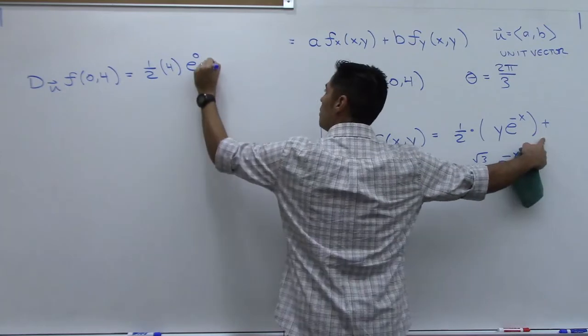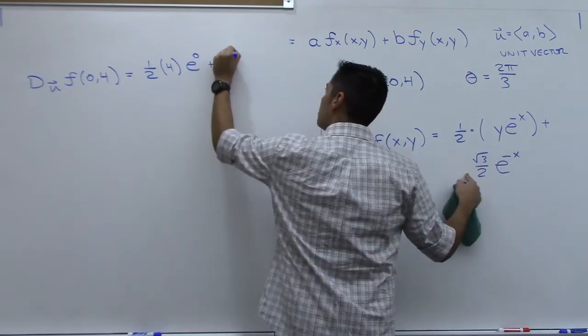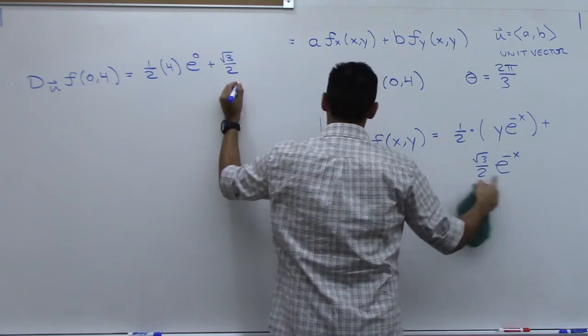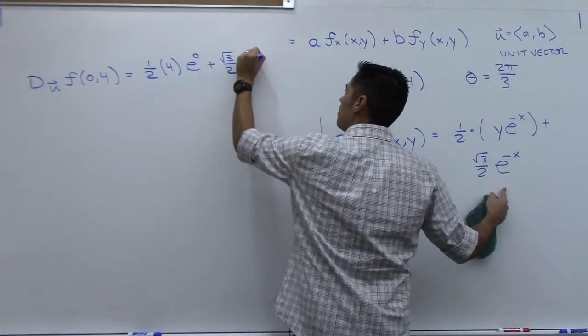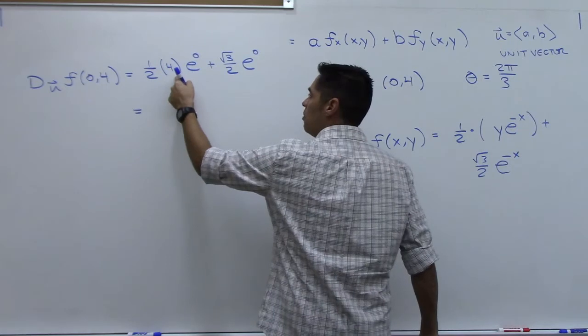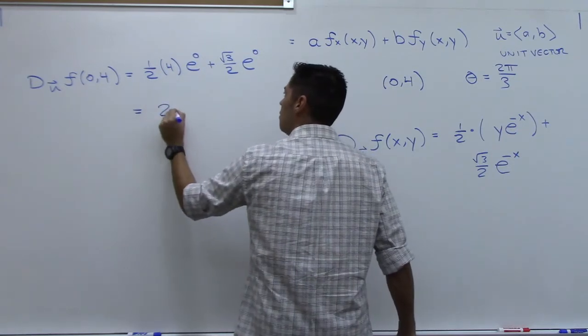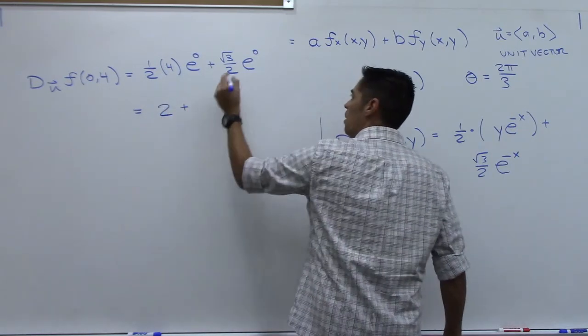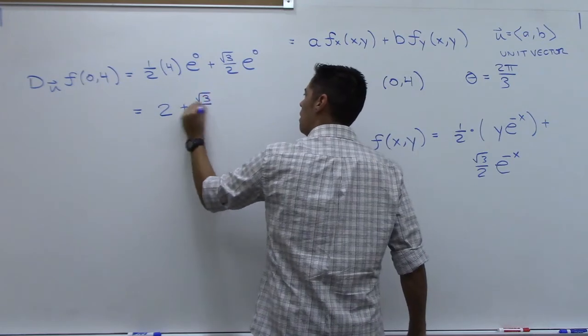Then I have plus root 3 over 2 times e to the, again, -0 is still 0. So we get 1/2 of 4 is 2, e to 0 is 1, so it's just 2, plus e to 0 is 1, so root 3 over 2.